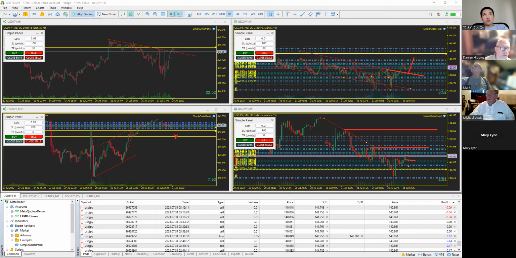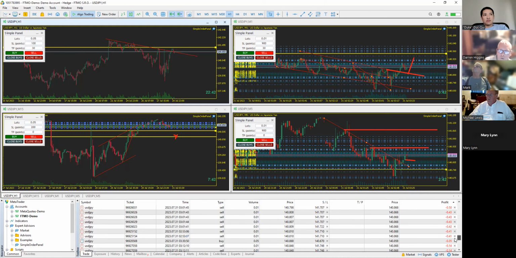Okay, so on this pullback right here, I could cut some of my sells. Okay, some of my losing sells like this. So I don't want these to carry in case it comes all the way up. So close 3, so that's 12.